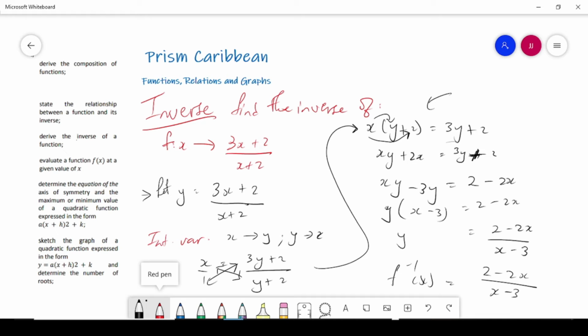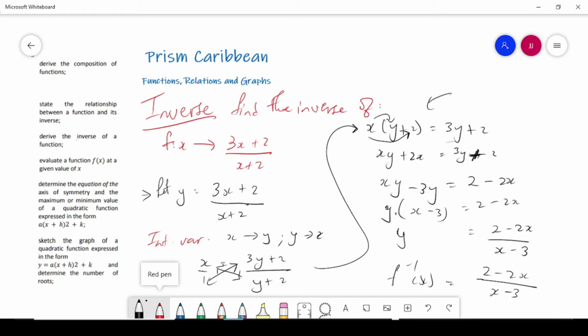Then we factorize the y out, which gives us x minus 3 multiplied by y is equal to 2 minus 2x. Then we make y the subject of the formula, and when we carry across the x minus 3, since it is related by multiplication, it will become division. So this leaves us with f inverse of x is equal to 2 minus 2x all over x minus 3. And that's the answer.